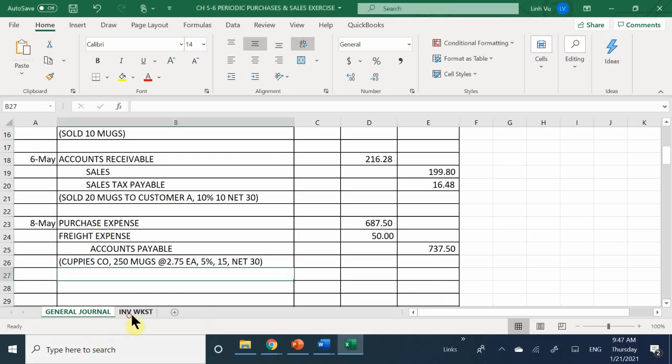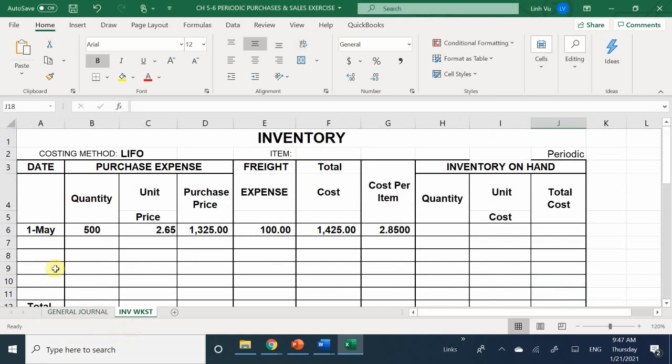Do the inventory sheet. Yes, now we got to do the inventory worksheet. So on May 8th, we purchased 250 items at $2.75 each with a freight of 50. So again, we solved for this, and we also solved for this. So I'm going to go ahead and pull these numbers down since we're doing it that way.